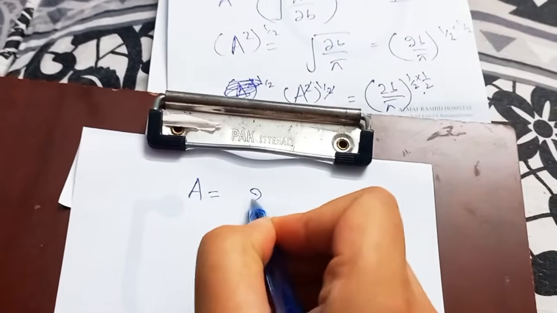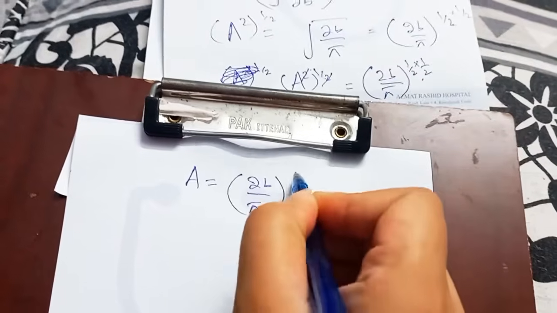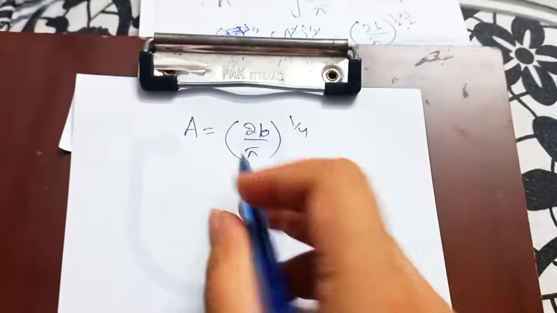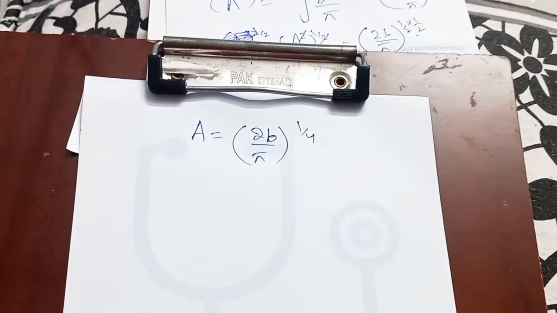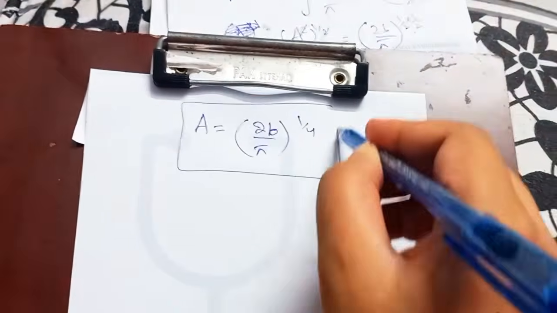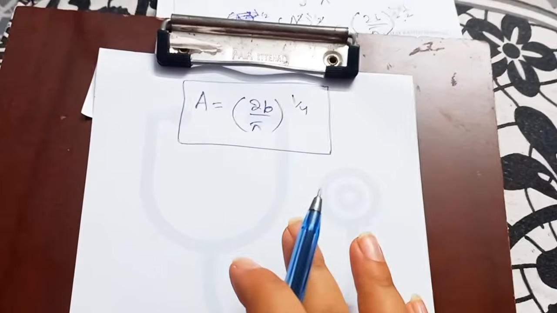So a equals 2b by pi whole power 1 by 4. This is the value of a. It is the normalization constant and we have to remember it.